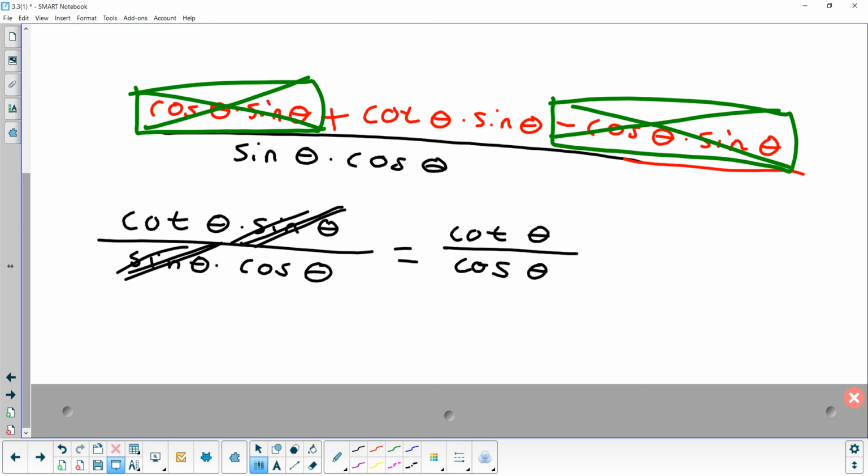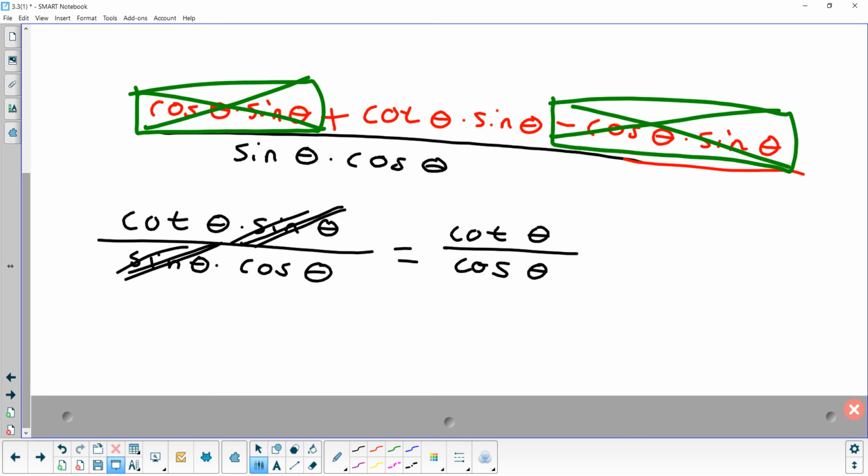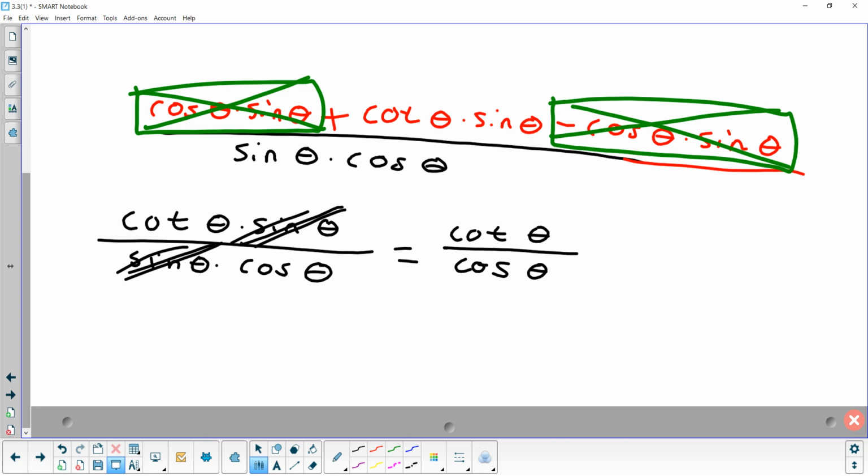What do you think we want to do with cotangent? Yeah. Would you want to make it cosine over sine? Yeah, we could try making it cosine over sine. I don't know if it's going to simplify anymore. If we do that and it looks worse, then we'll say forget it and we'll just stick with that as our answer. But let's try making it cosine over sine and see if something else cancels out.